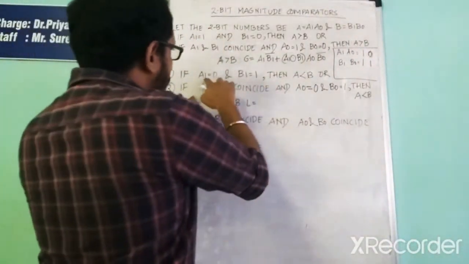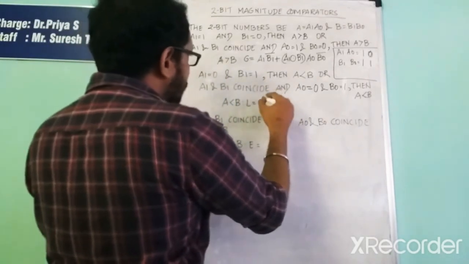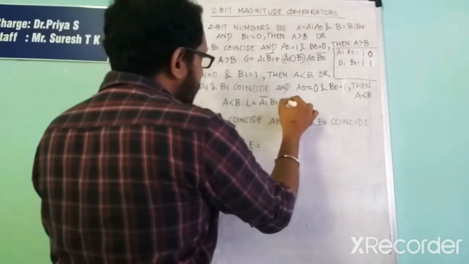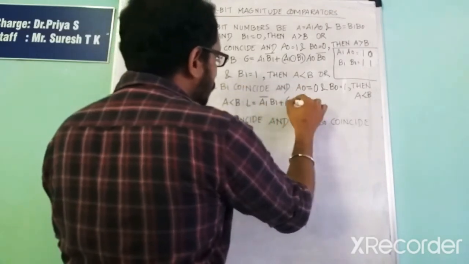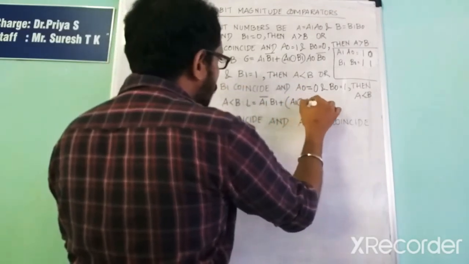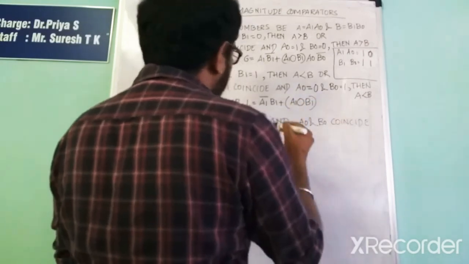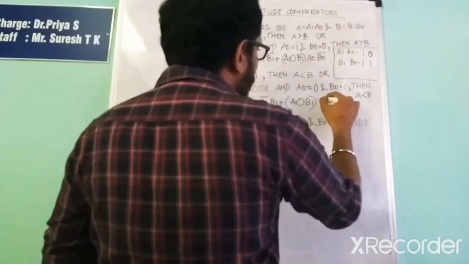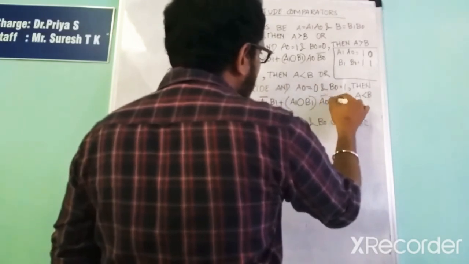Here we have A1 0 and B1 1, so we put A1 bar B1 plus A1 XNOR B1 and into A0 bar B0.